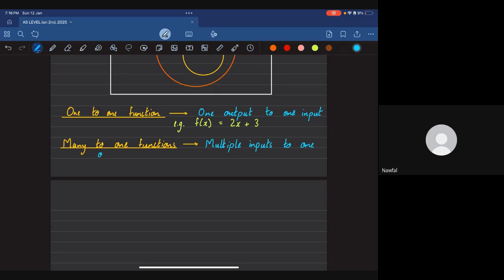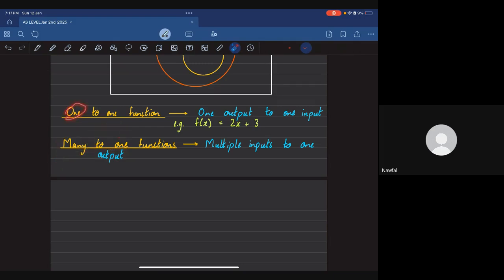And usually, these types of functions include nonlinear functions. Nonlinear functions include your quadratic function, it could be a cubic function, any nonlinear function. All right. So if there's a many to one function, it's in the name itself, many to one. That means for many inputs, it leads to only one output.